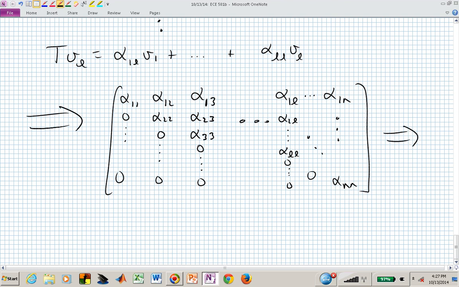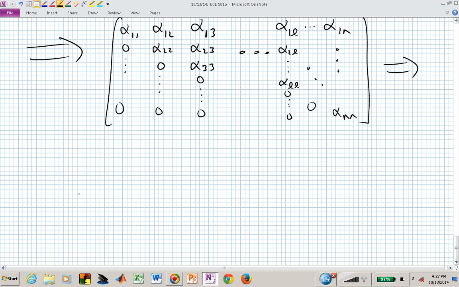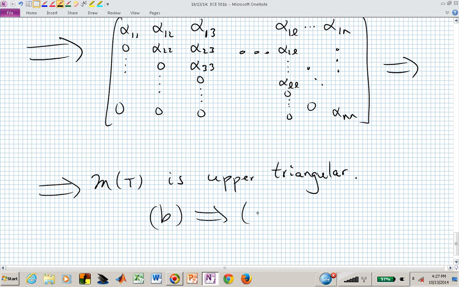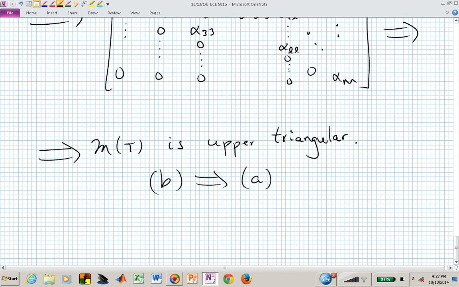So that now says that this matrix representation of T is in fact upper triangular, or B now implies A, and we just showed earlier that A implied B, and now we know that A is equivalent to B.